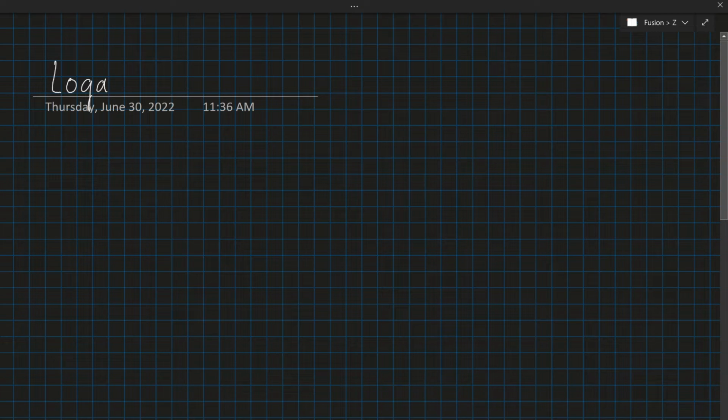So, as we already said, logarithms are the inverse of exponential functions.